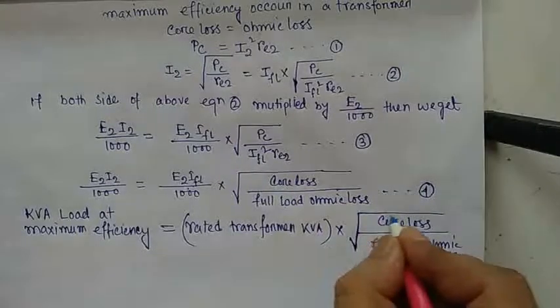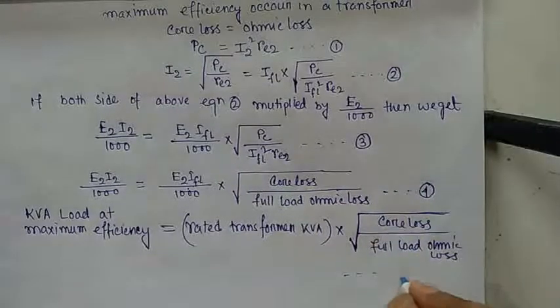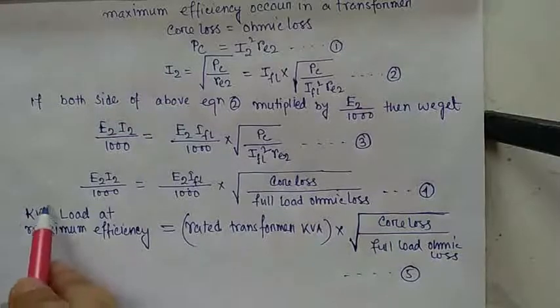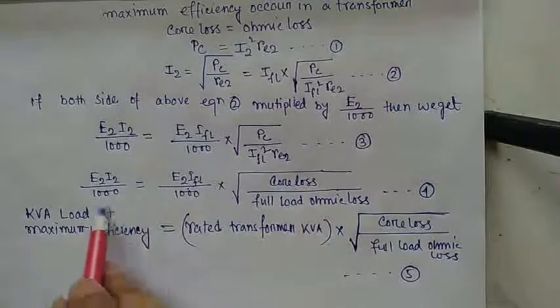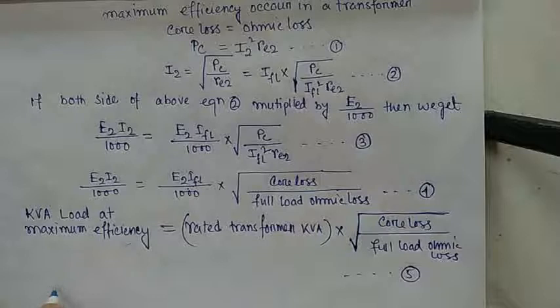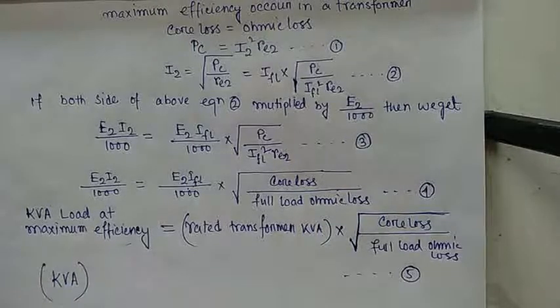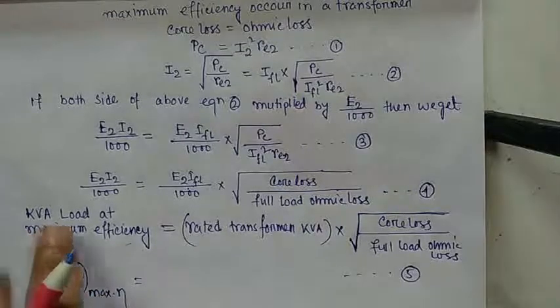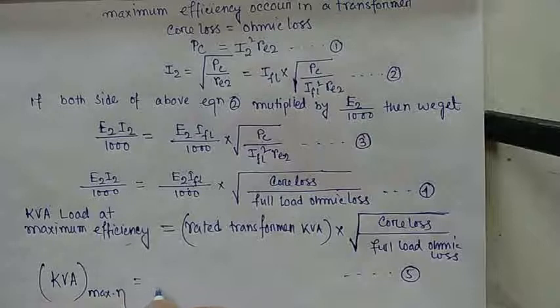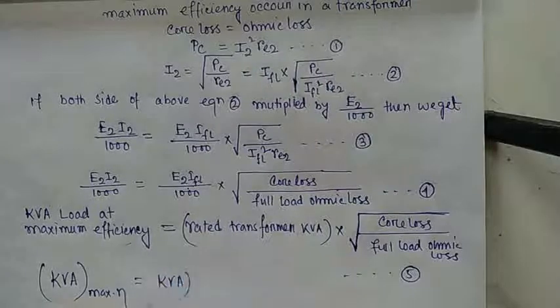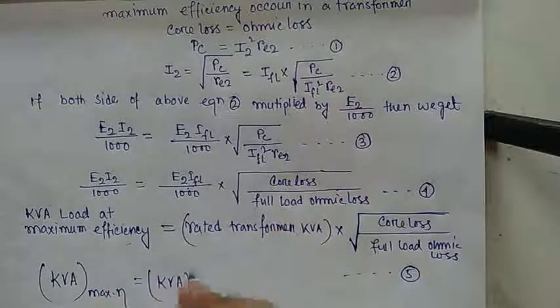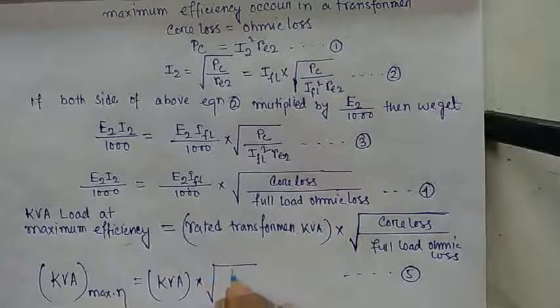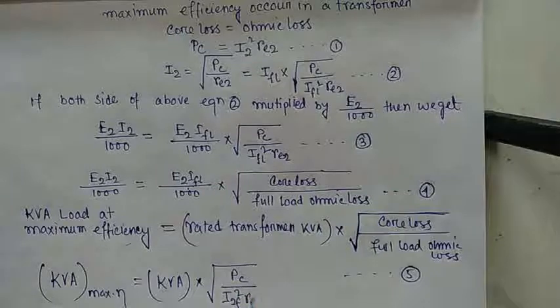So remember this equation, equation number 5: KVA load at maximum efficiency, that is KVA max, is equal to KVA at rated condition into the root of PC by I2 FL square RE2.